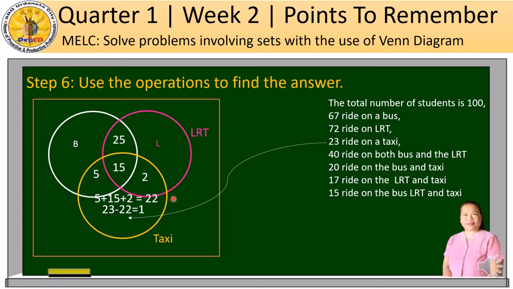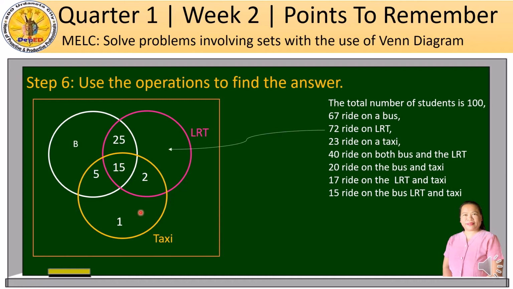Then, subtract it from 23. So, 23 minus 22 is equal to 1. So, 1 student rides on a taxi only.